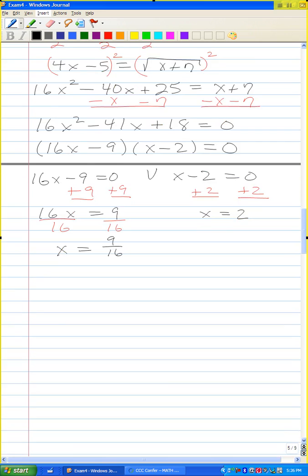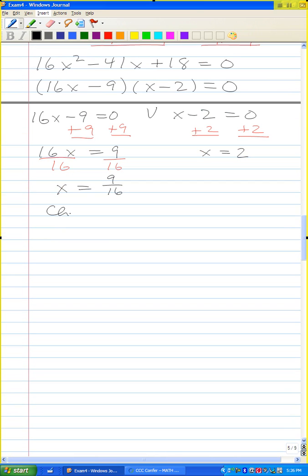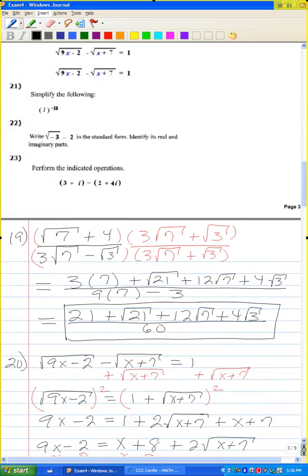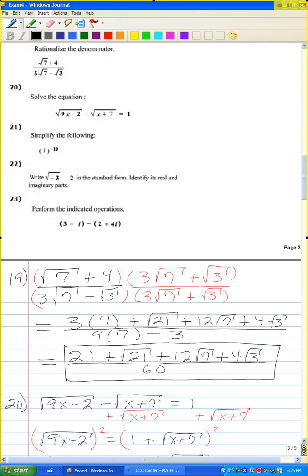And lastly, let's check. So let's check x equal 9 over 16. Let's plug into the original equation.